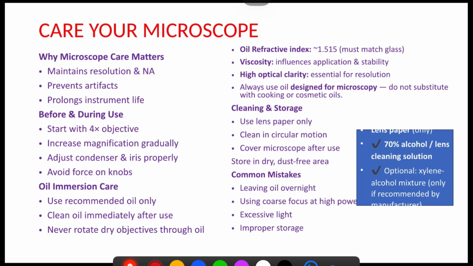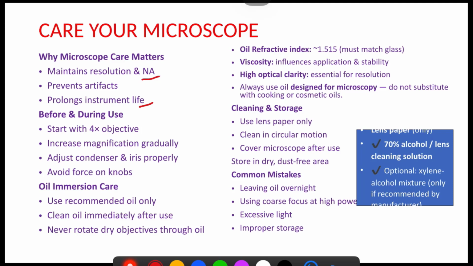Now, how will you care for your microscope? It is very important, because it maintains resolution and numerical aperture, prevents artifacts, and also prolongs instrument life. So what are the care steps you have to take before and during use?